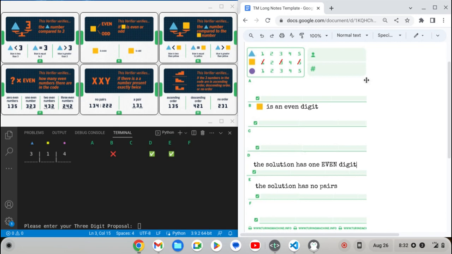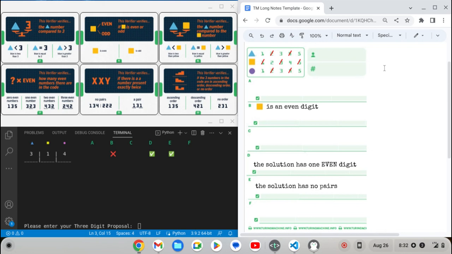And since we have already established that square is even, that means that triangle and circle must be odd. So let's cross out all of the evens for triangle and circle. And so basically what that means is that our solution is going to have the form of odd, even, odd.